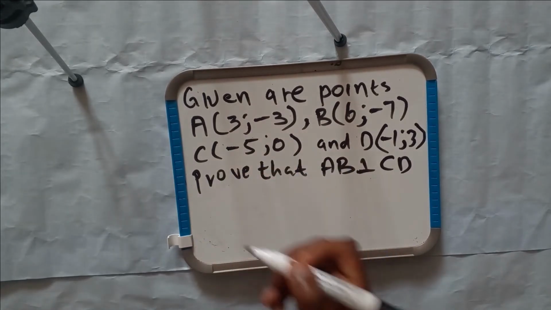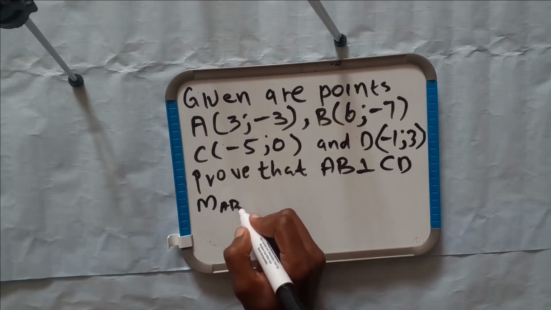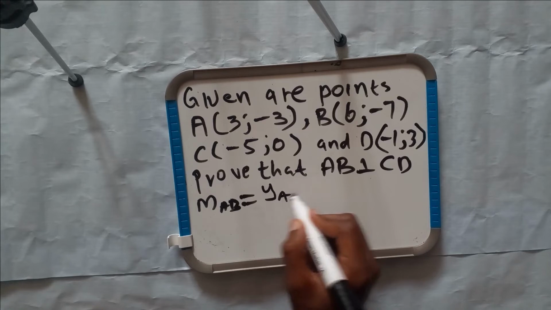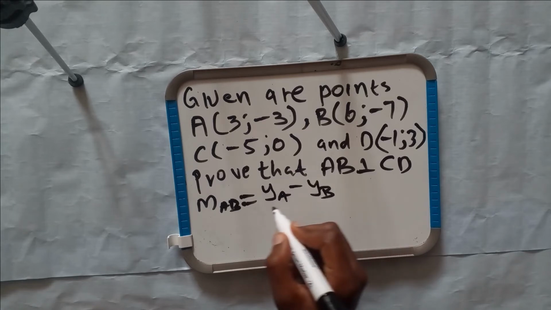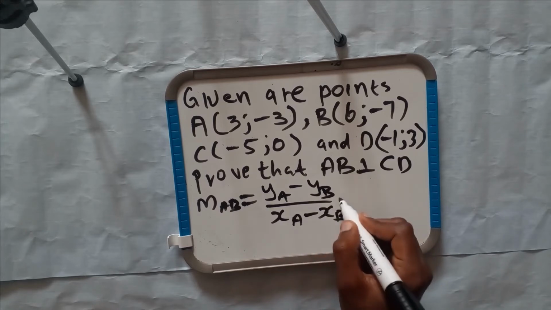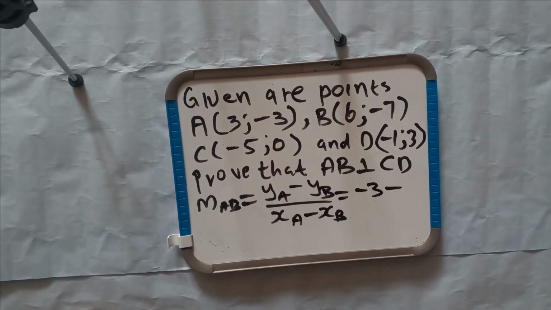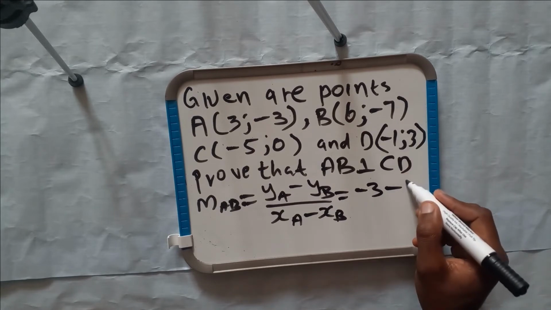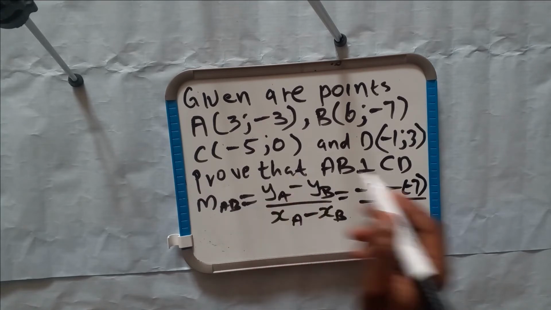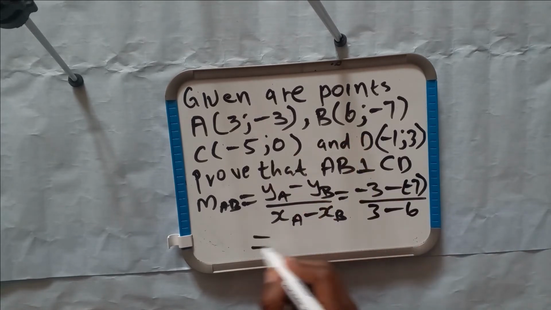Now we are required to calculate the gradient of AB, which is equal to (YA minus YB) over (XA minus XB), which is equal to YA is -3 minus YB is -7, all over XA, that is 3, minus XB, which is 6.